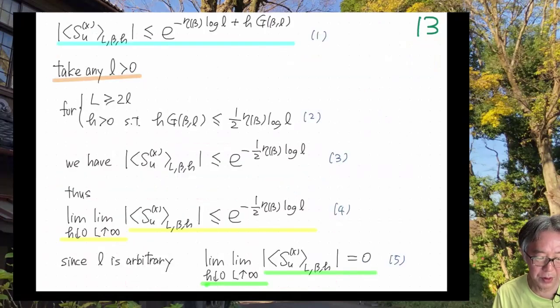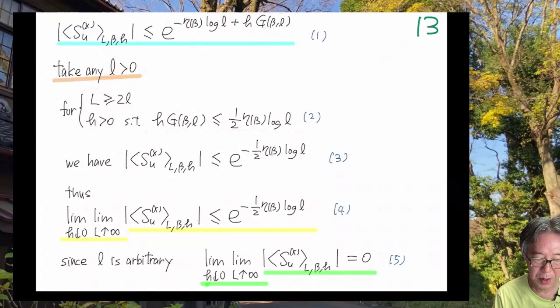Then what we do is the following: you fix any lowercase l, and then for any uppercase L which is larger than twice the l, and for any h which is sufficiently small that this is valid. What is this choice? Well, this says that simply this is smaller than half of this.